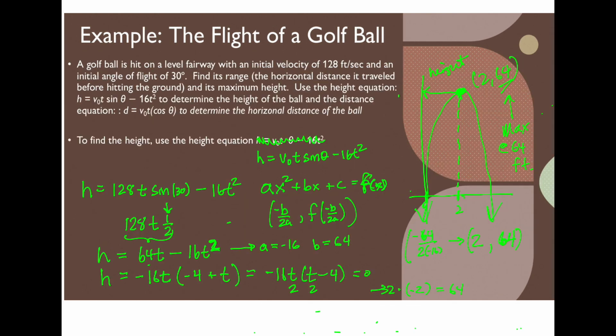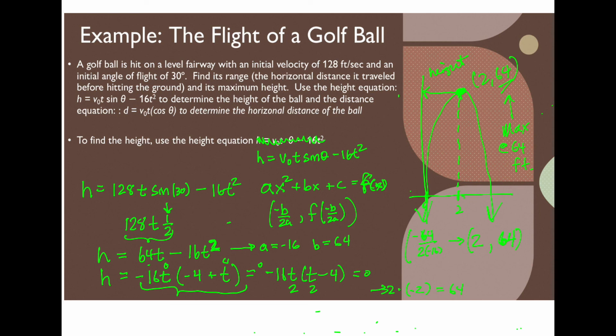Let me go back to really quick. Right here, we saw that, sorry, when we factored it out, we set it equal to 0. We found that 0 and 4 were both the two solutions of this.